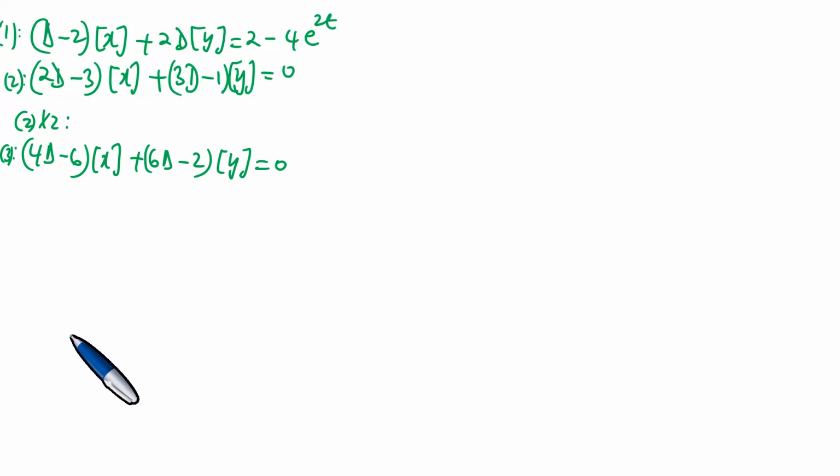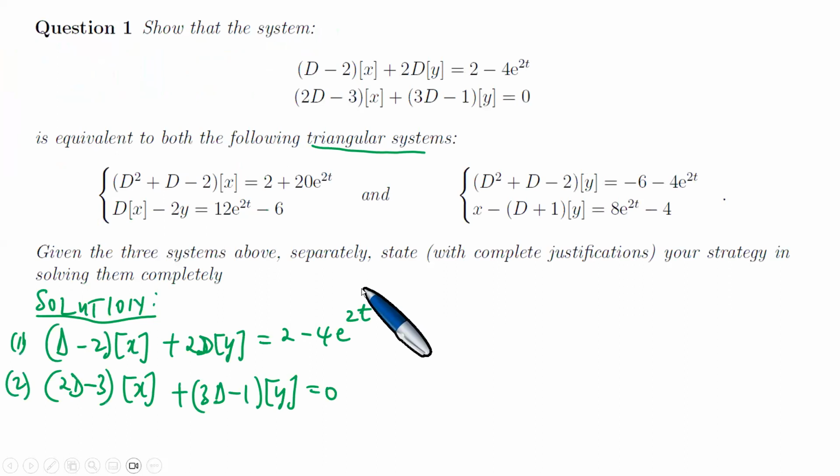And so if we take equation 1 and we multiply it by 3 to eliminate y, because looking at this here, the D operator acting on y has been totally removed. So that's what we're trying to remove.